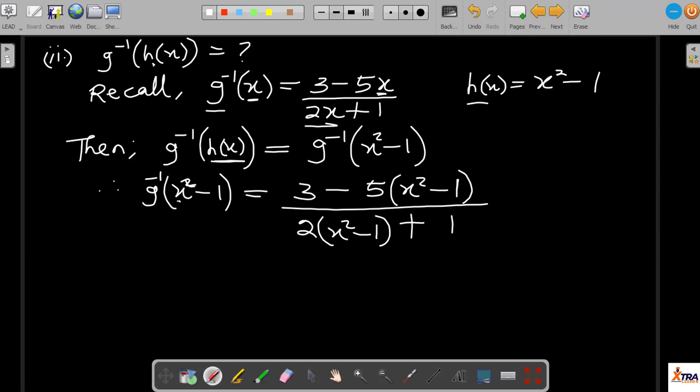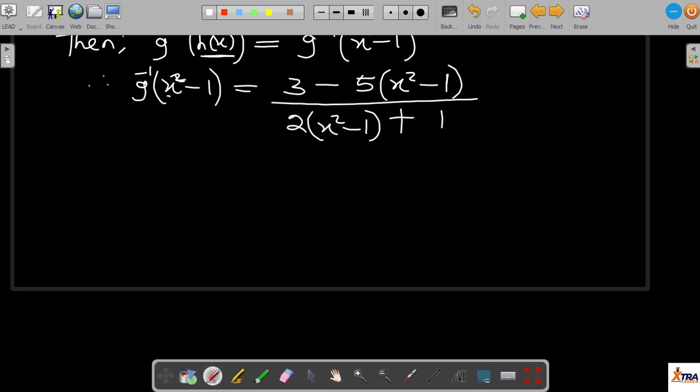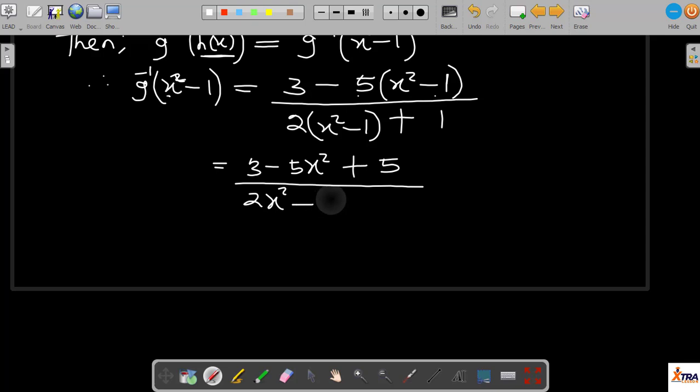So this is all I have to do. And then I can expand my brackets and I get my final answer. This will give me 3 minus 5x squared minus 5 times minus 1, that's plus 5, all over, opening the bracket here, I have 2x squared minus 2 plus 1.